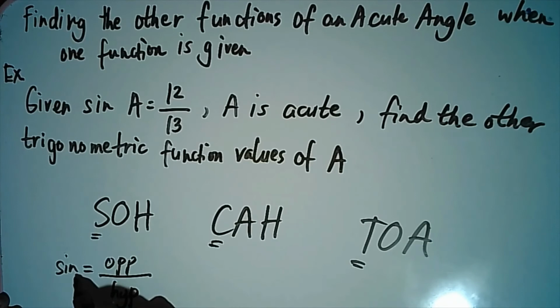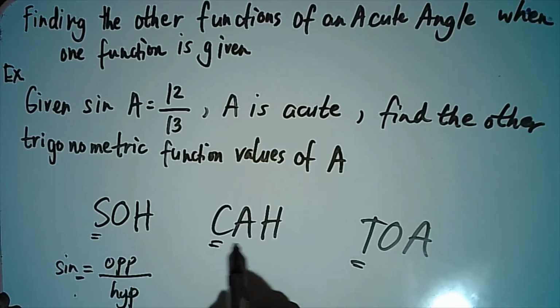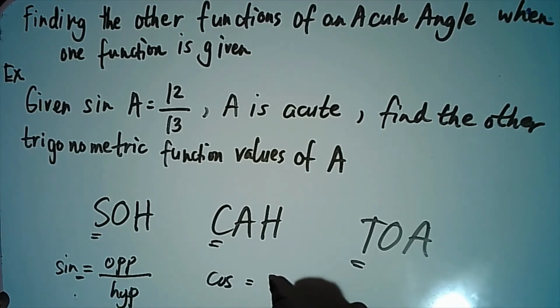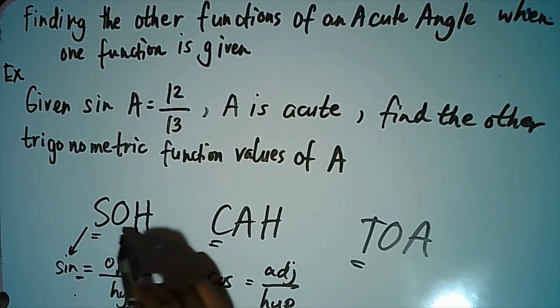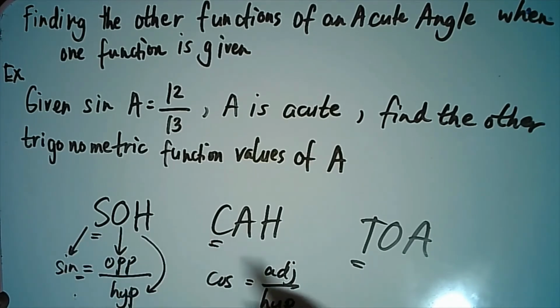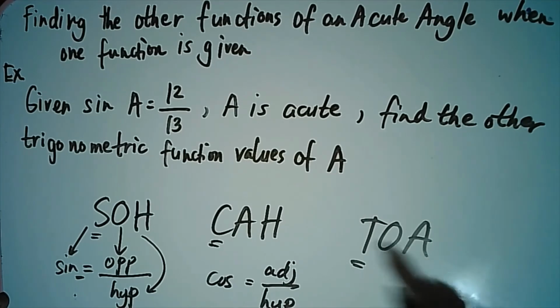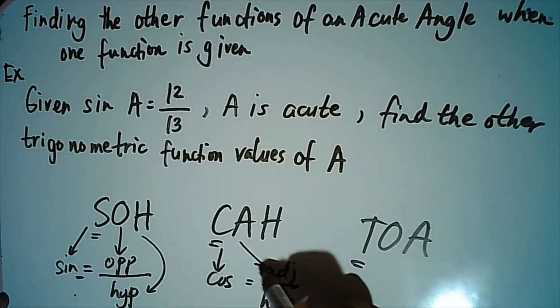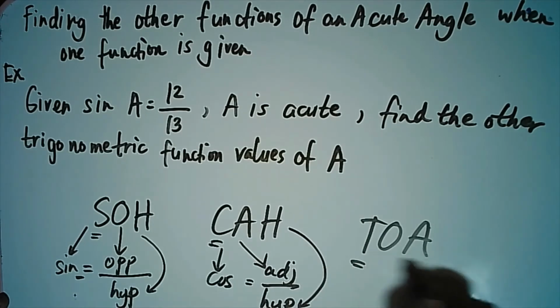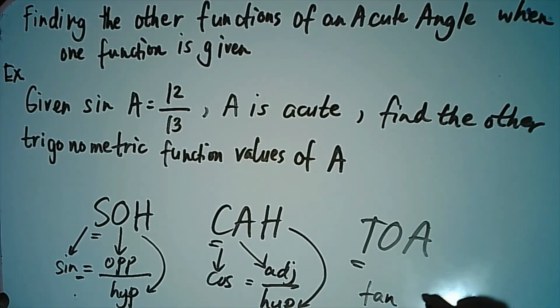So this is the sine of any angle. And then the CAH is the cosine of any angle, equal to the adjacent over the hypotenuse. And then the TOA is the tangent. Tangent of any angle is equal to the opposite over the adjacent.